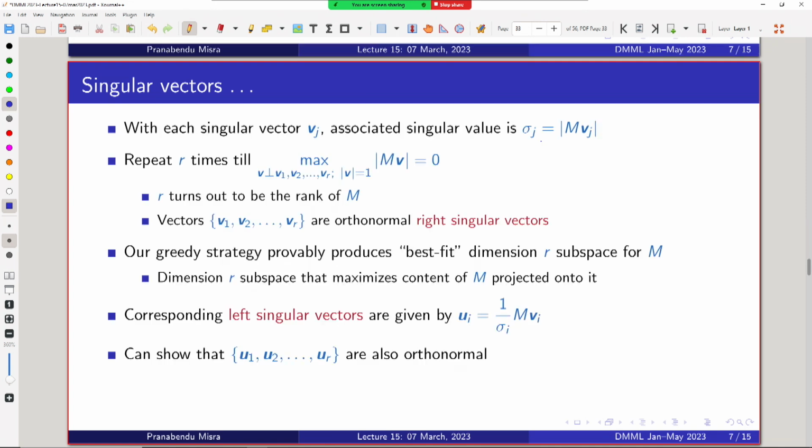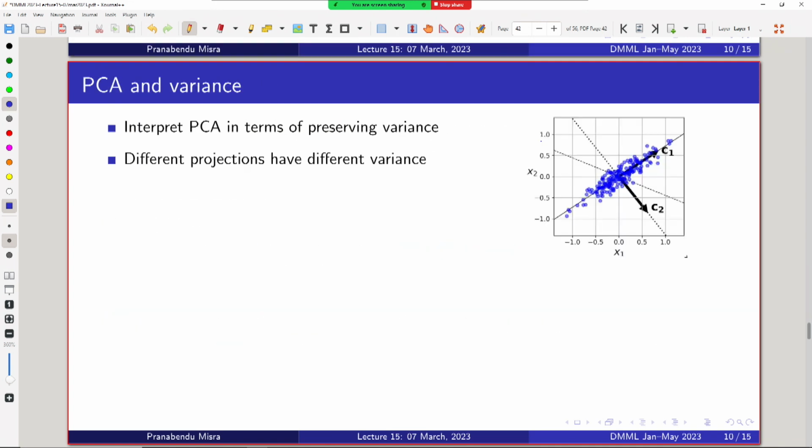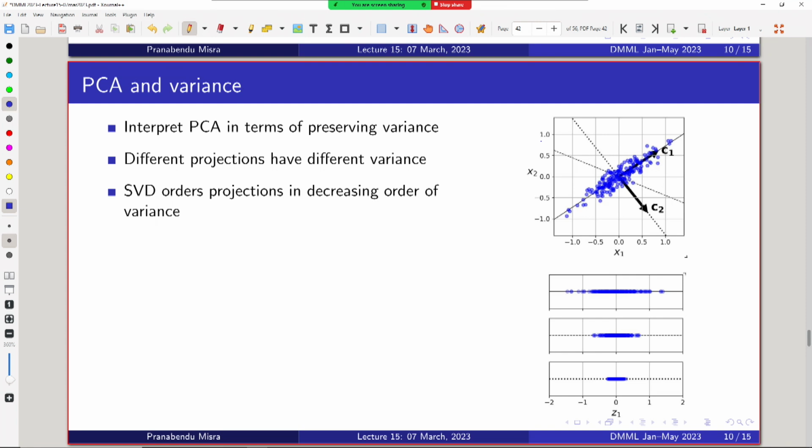I thought we had a diagram here, where is that? If you look at these 2-dimensional vectors, the blue things are your data points. You can choose multiple vectors initially as your first singular vector, but the one you will choose is the one which maximizes the sum of projections along it. So the first singular vector will be the vector in this direction.